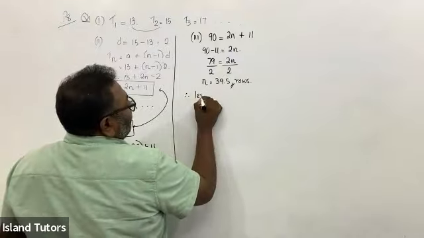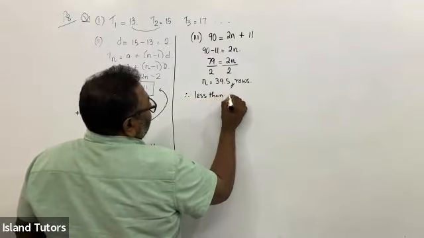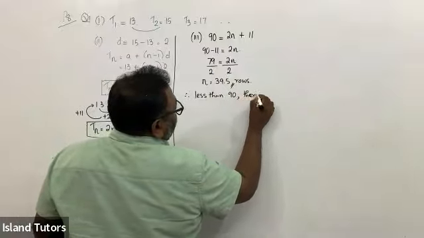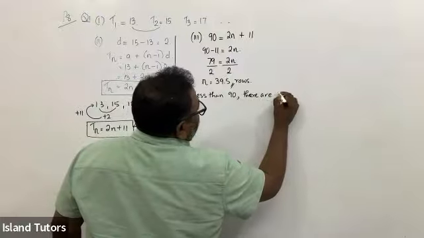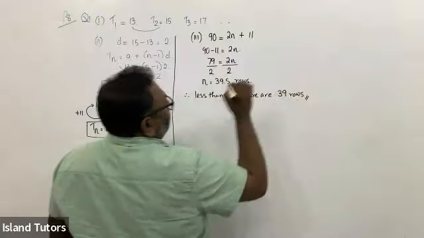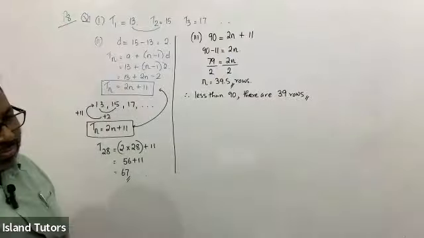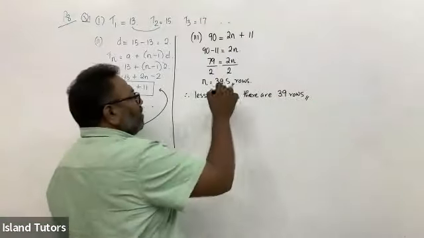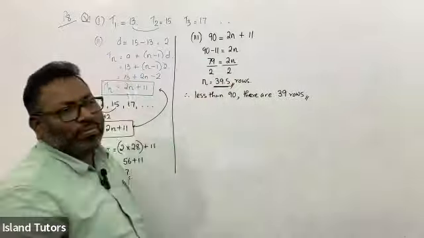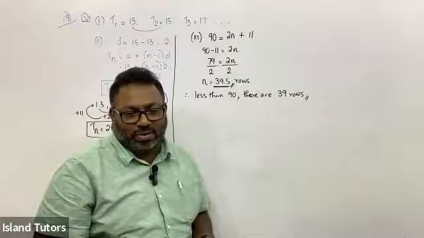Therefore, less than 90, there are 39 rows. Very simple. The answer, less than 90 has to be less than 39 rows.